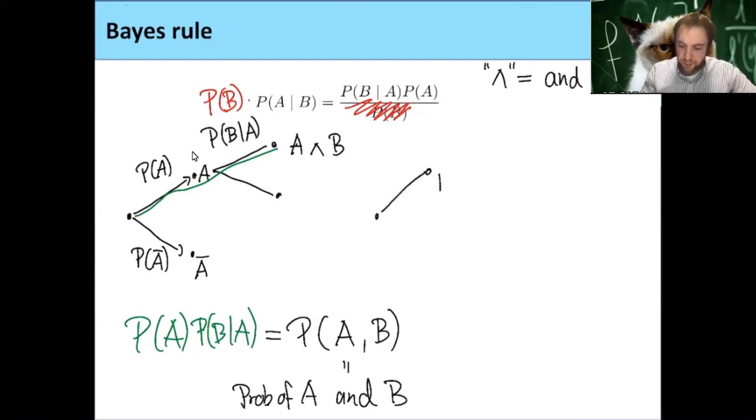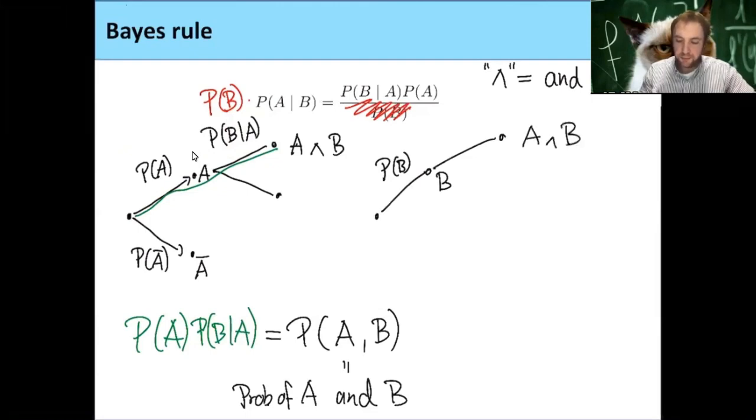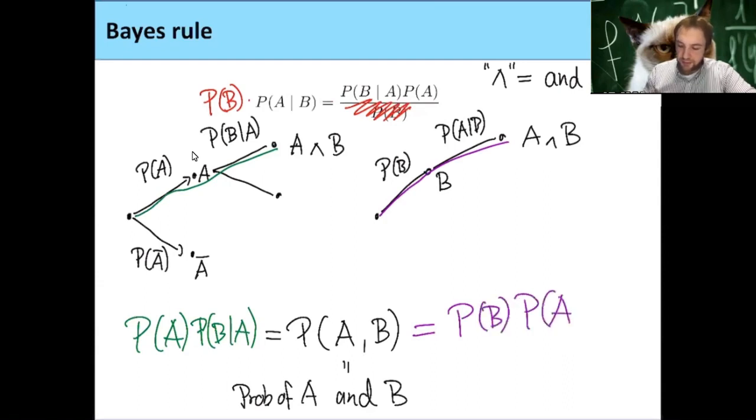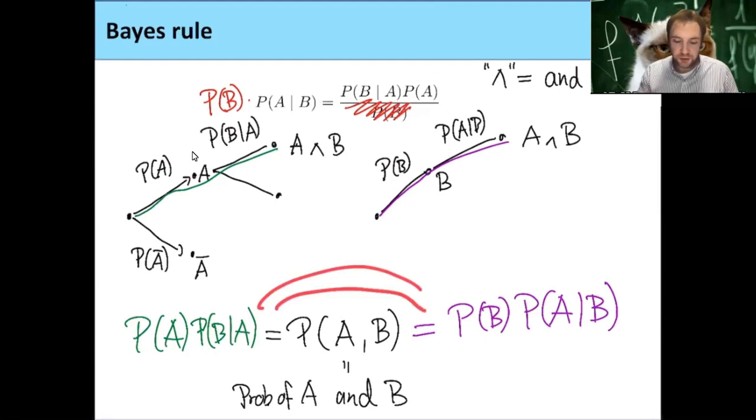Well, we could maybe first have B occur, so P(B), and then we could ask what needs to happen for A and B. Well, here we have then the probability that A occurs under the assumption of B. And then we see going this path here gives P(B) times P(A|B), assuming B. And therefore, these two are the same, which is exactly this Bayes rule.